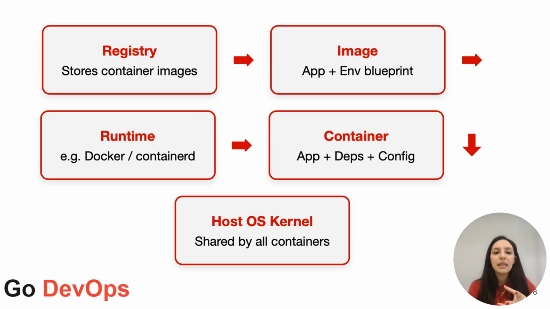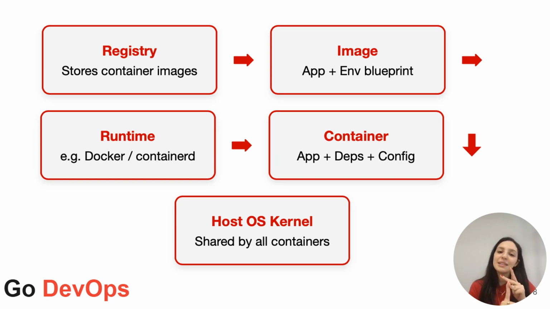And where do we get container images from? That's where registries come in. Services like Docker Hub store and distribute images so developers can pull and run them anywhere. So to summarize, here's how the pieces fit together. We build a container image, we store that image in a registry, we run the image using a runtime like Docker.